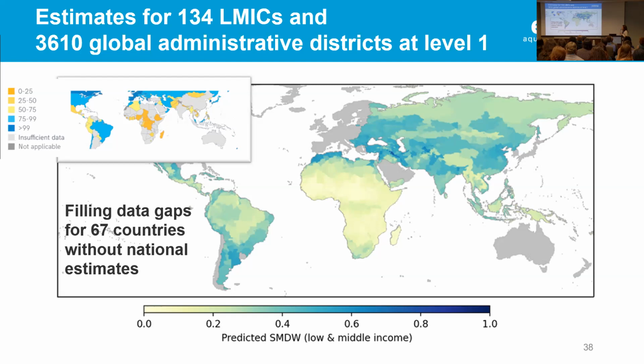So in this case, we're predicting at global administrative district level 1. And it's similar to what Rick has already spoken about. We see in sub-Saharan Africa, for example, that there is very low access in many regions, or in most, in sub-Saharan Africa, but also in most of low and middle income countries, we see low coverage of safely managed drinking water.